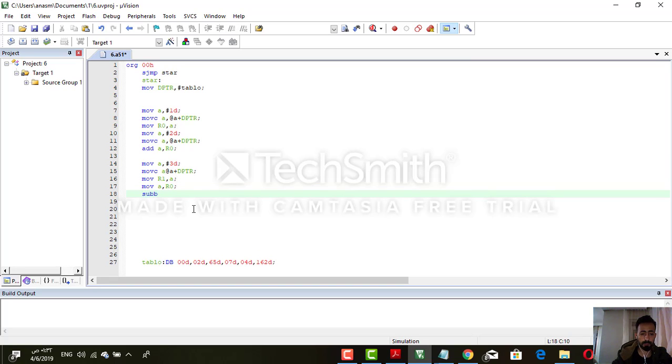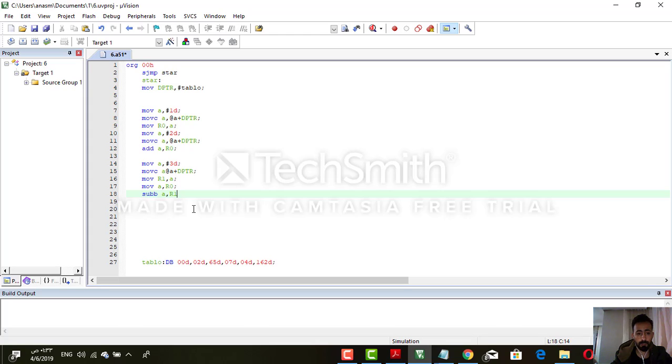We will subtract the third number, which is array 1, from the result, which is A.